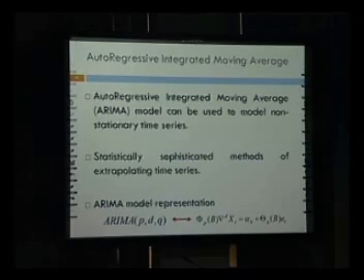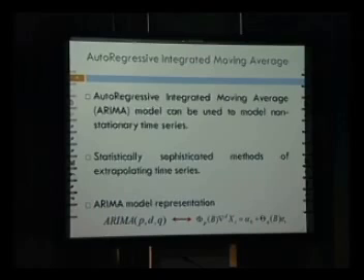Our results are based on this special type of time series, the autoregressive integrated moving average, or concisely ARIMA model, which is used to model non-stationary time series. This method is statistically sound and used to extrapolate values.